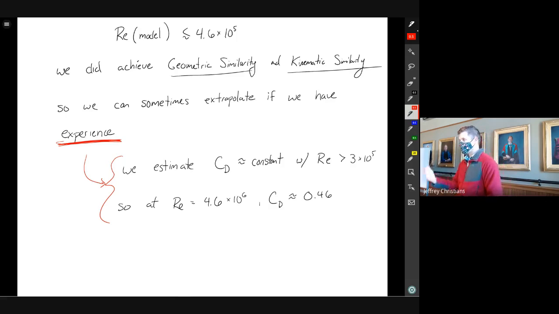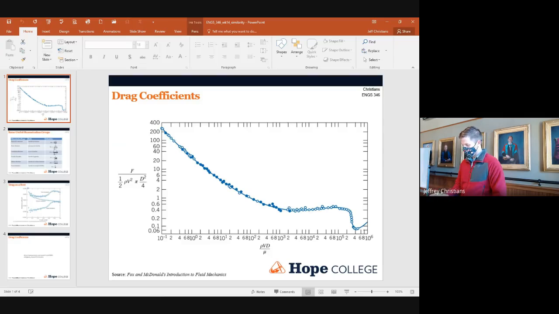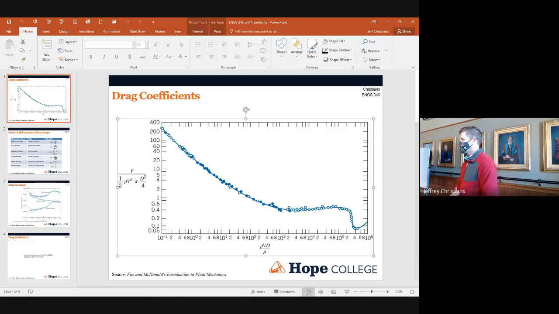Your intuition from working on problems and projects, about what's actually going to happen if we do this, is invaluable. To make these leaps, like expecting the drag coefficient to be about constant. Maybe it is, in this case it is, but unless you have experience, you don't know if you're at this part of the curve where things are constant, or if you're at this part of the curve where all of a sudden things fall off a cliff.